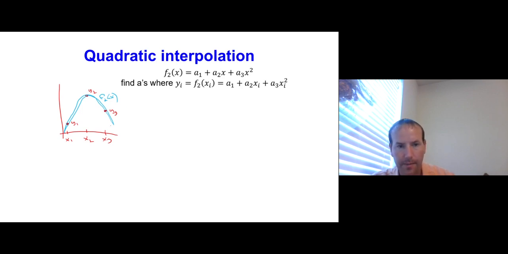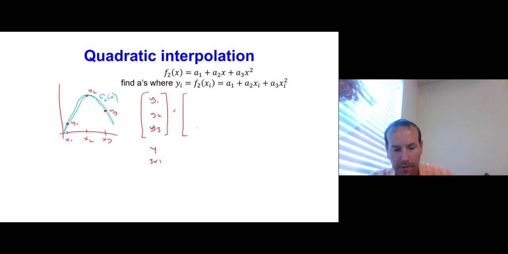Okay, so we're going to set up this problem much like the last one in a matrix form. We've got y1, y2, and y3 in a y matrix, that's 3 by 1. We've got a z matrix. That's x1, x2, x3. So far this looks like the linear interpolation, but now because it is a quadratic, we have an additional column here.